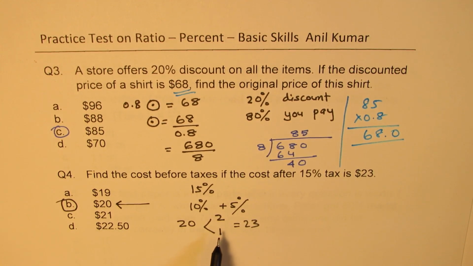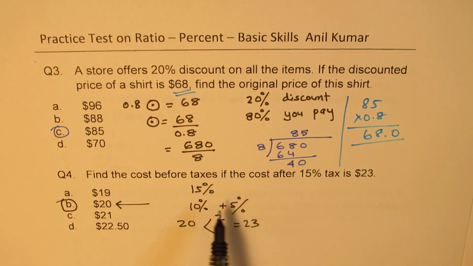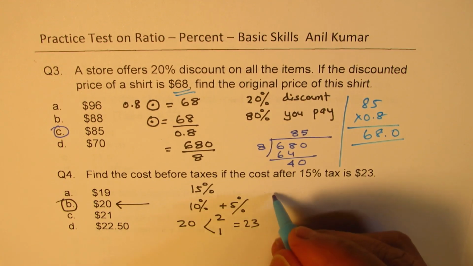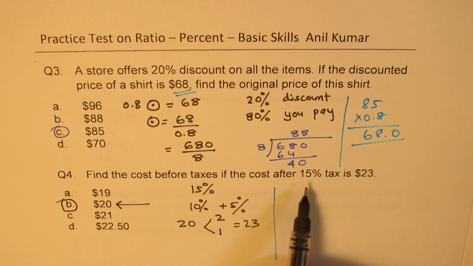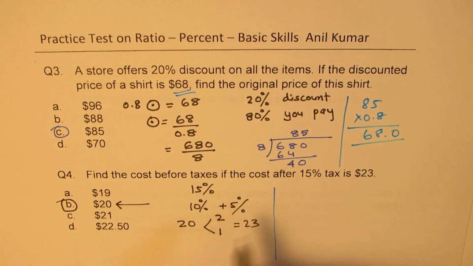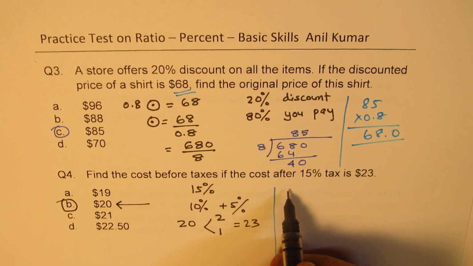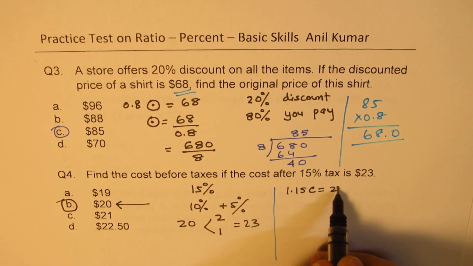If the calculator is not allowed, since it involves a division by 1.15, you could do it this way, using the given options. Well, if you want to do the calculation, you know that after 15% it is 23. That means if the cost is C, then 1.15 of C is 23, right?